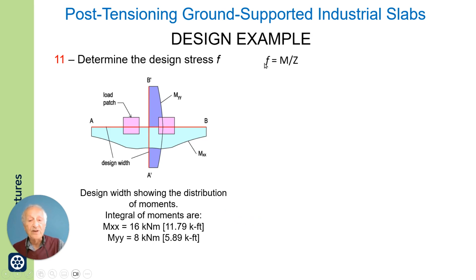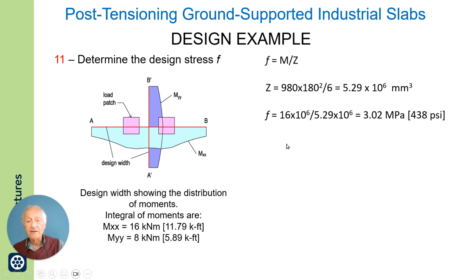Then the design stress is the integral of the moment over the bulk modulus of the design section. This is the value of the bulk modulus for this length, and the stress calculated is so much.